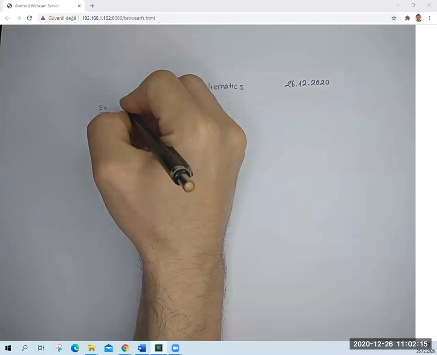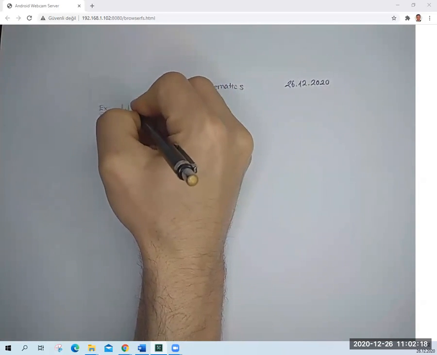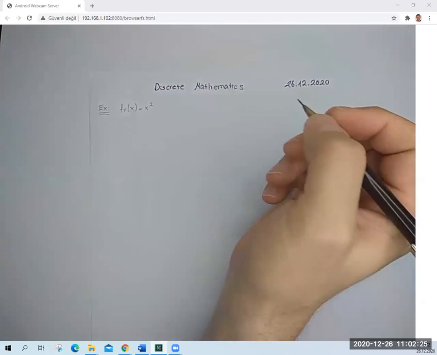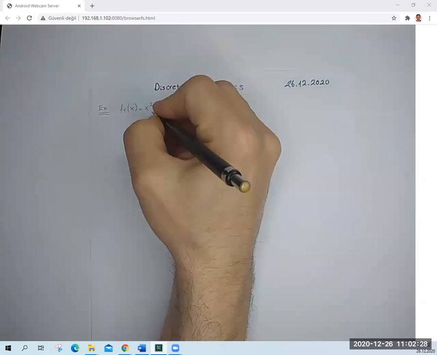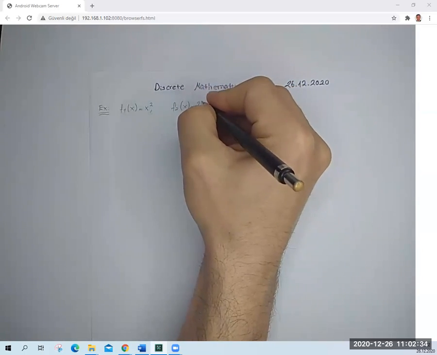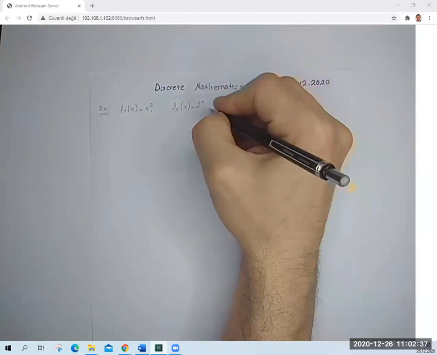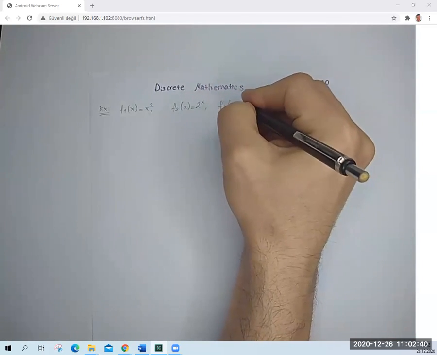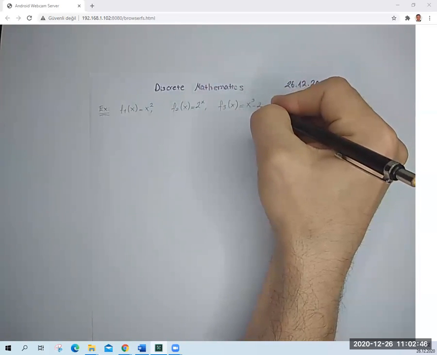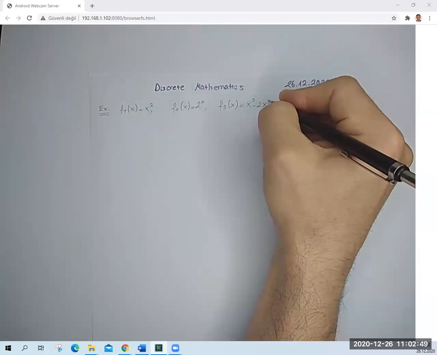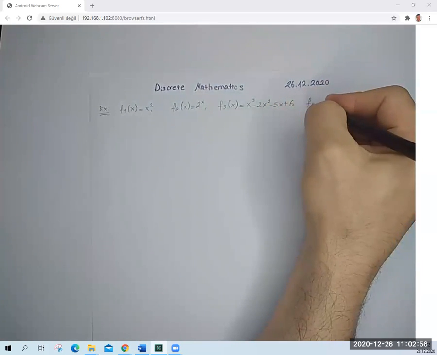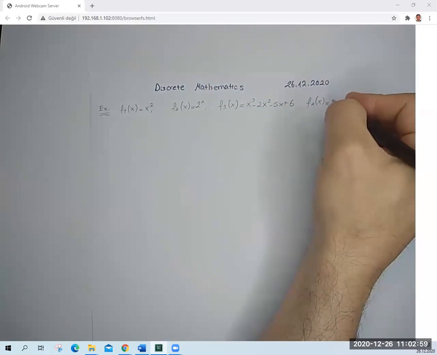If we have the f1 function, f1 of x is equal to x squared, and then f2 of x is equal to 2 to the power x, and f3 of x is equal to x to the power 3 minus 2 times x to the power 2 minus 5 times x plus 6, and f4 of x is equal to x to the power 3.